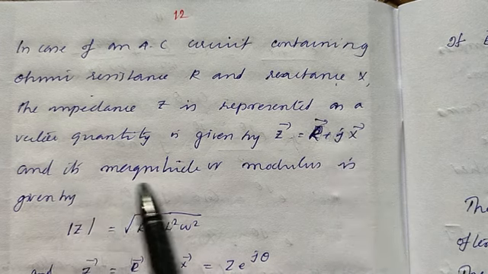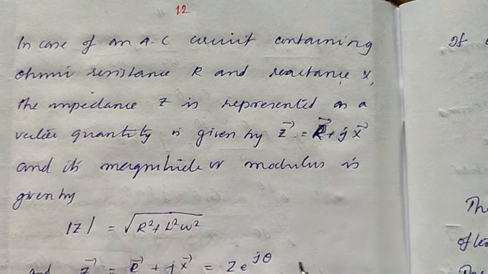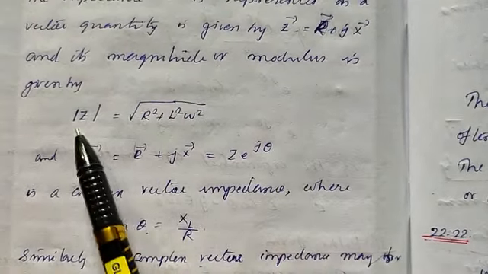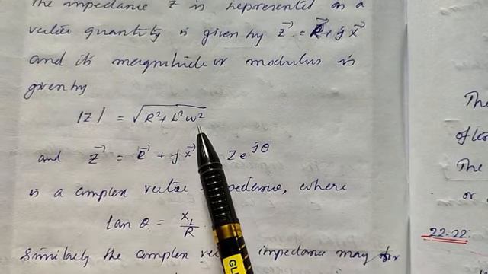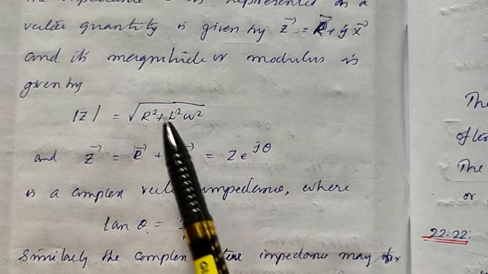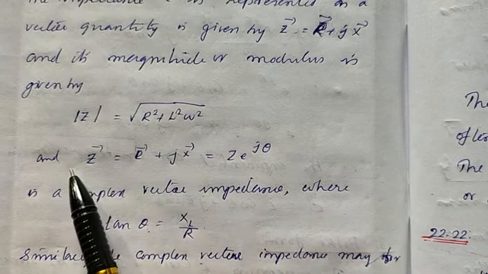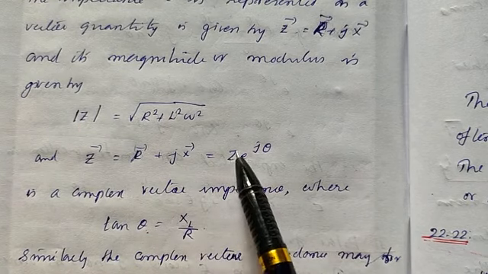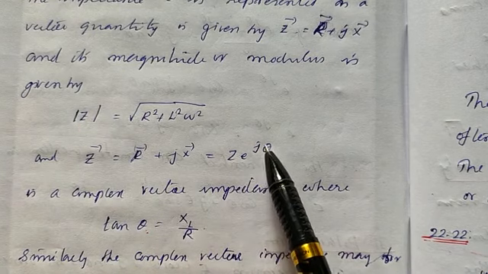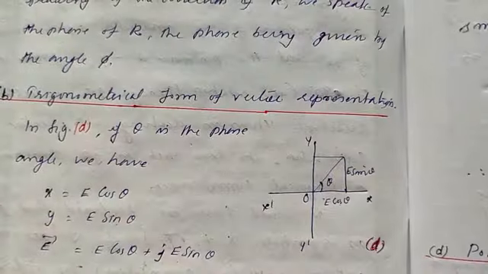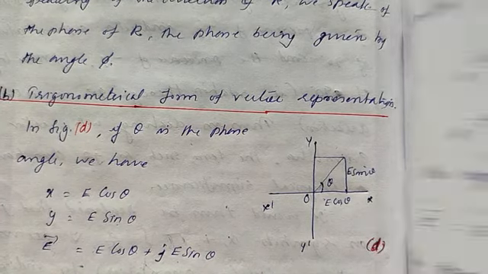Its magnitude or modulus can be obtained as the square root of R square plus L square omega square, and Z can also be represented as Z into e raised to j theta using the exponential form.